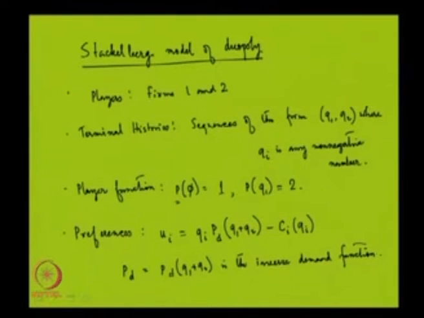What is going to be the Nash subgame perfect equilibrium in this game, the Stackelberg duopoly? Like we have seen before, we have to start from the last subgame of length 1.